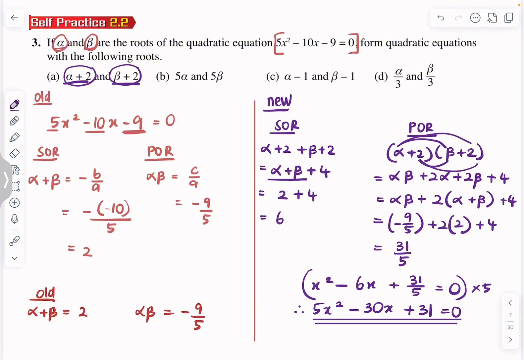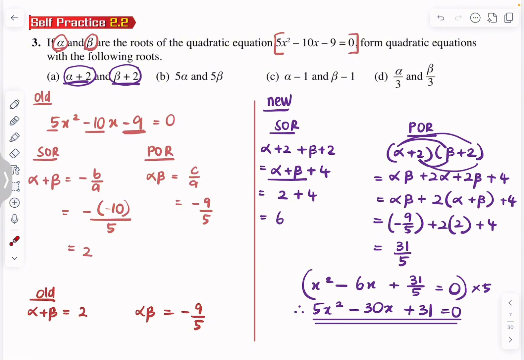That's it. Okay, so the steps will always remain the same. So first we find the old sum of roots, product of roots. We define this. And then for your new equation, you find your new sum of roots and new product of roots.